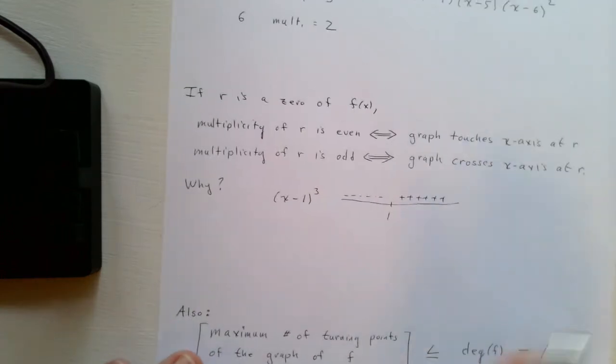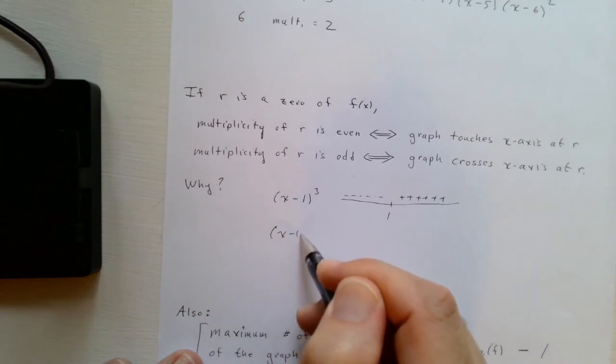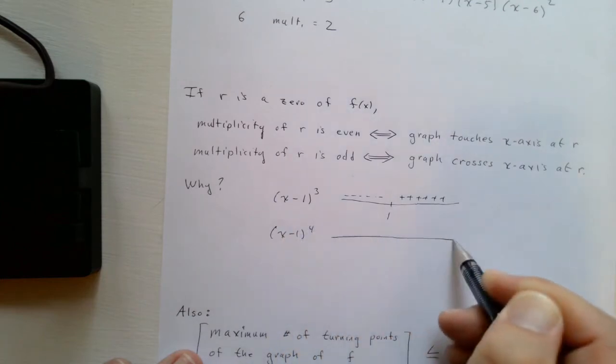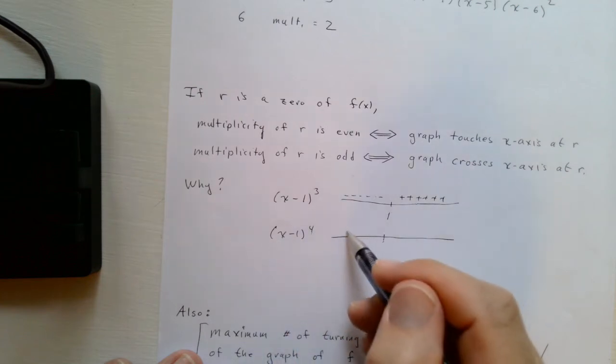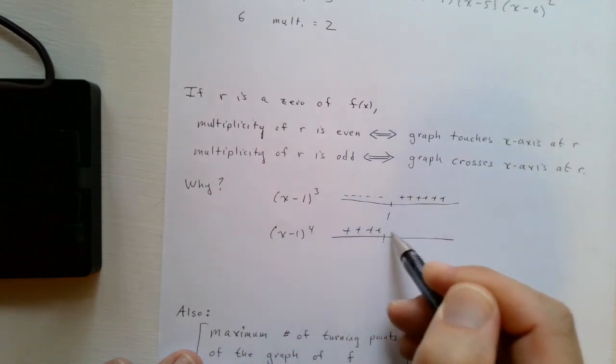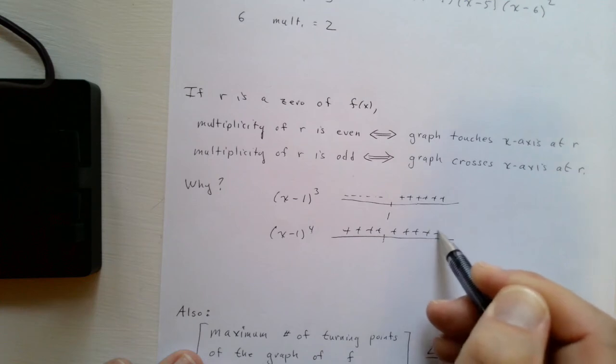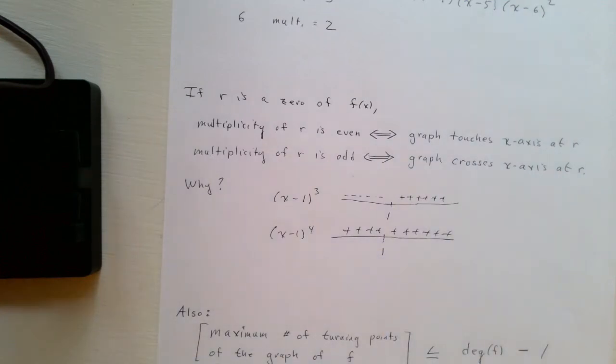Okay, but whereas if we have x minus 1 to the fourth power, because 4 is even, anything raised to an even number is going to be positive. So we see that because the factor changes sign, that means the sign of the whole function will change as well. Okay.